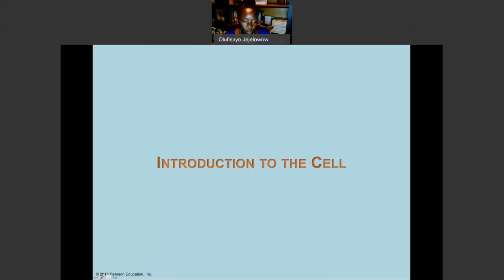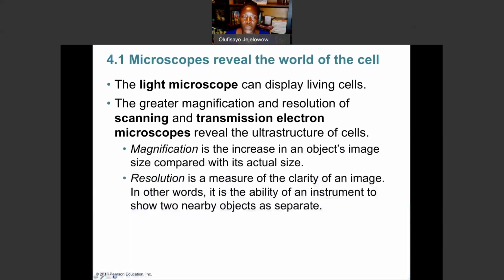So, introduction to the cell. The light microscope can display living cells, and with the aid of the light microscope, we studied a lot of what we know about a cell.